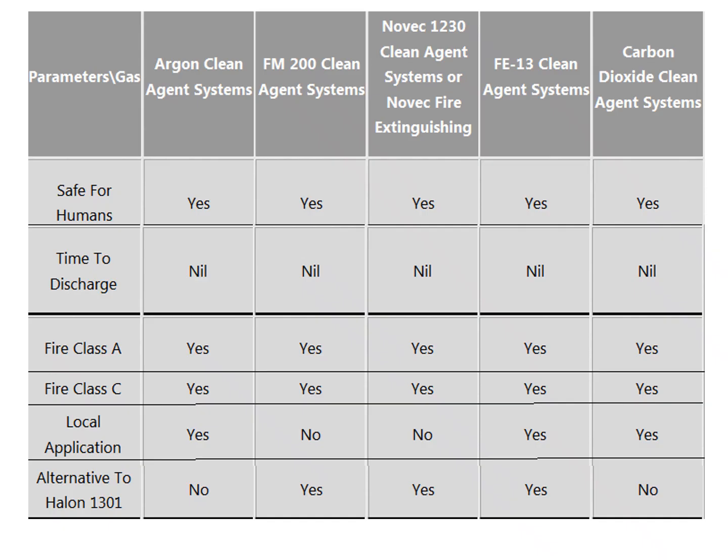This slide shows the comparison between different clean agent systems and their parameters. Now, if we see these four: fire class A, fire class C, local application, and alternative to Halon.